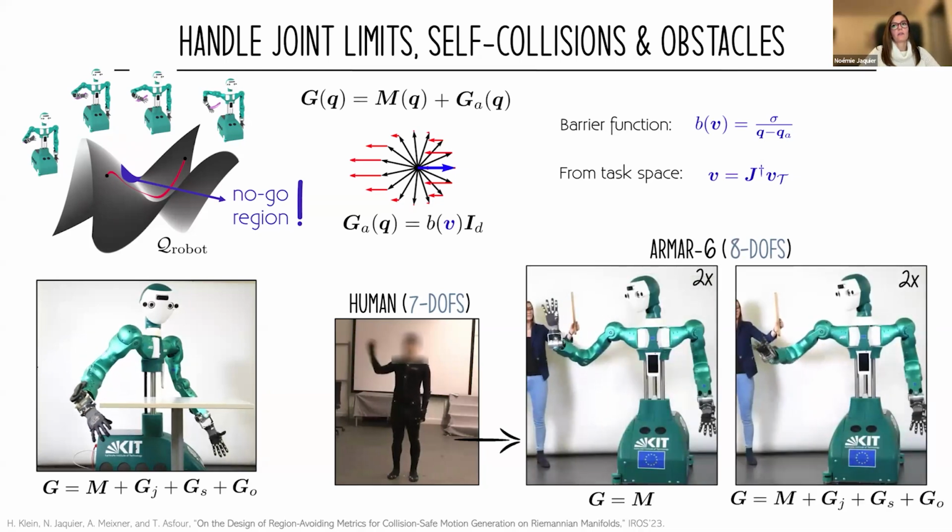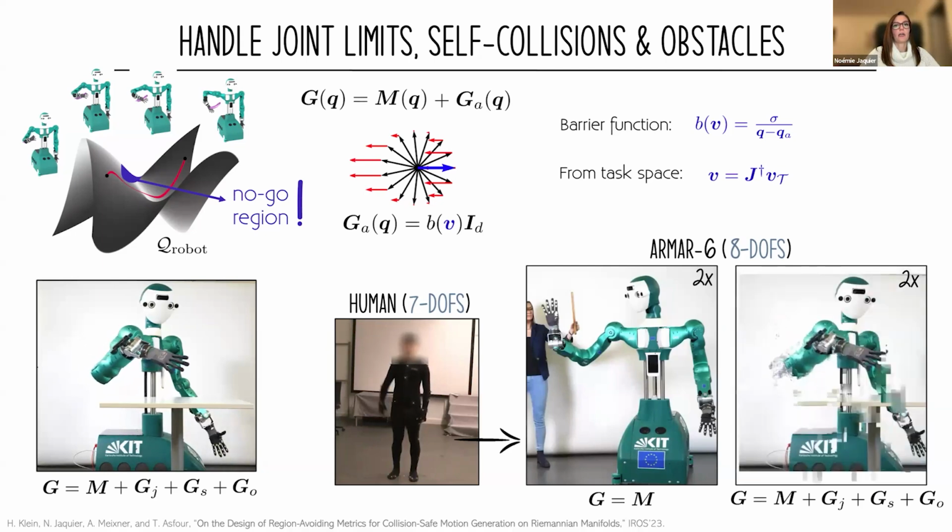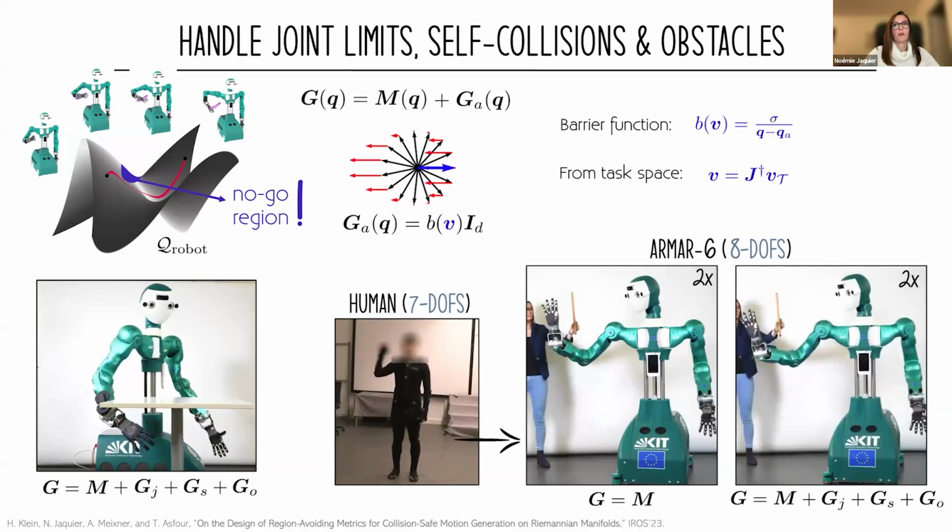Then we add this region avoidance term, and you see that the robot nicely avoids the obstacle. What's interesting here is that it avoids the obstacle in a way that we are as close as possible to the original geodesic. So it means that the motion is as energy efficient as possible, given the fact that we have this modification of the metric.